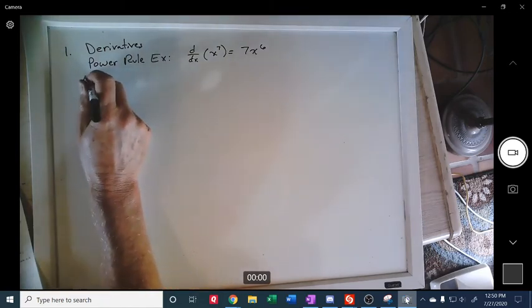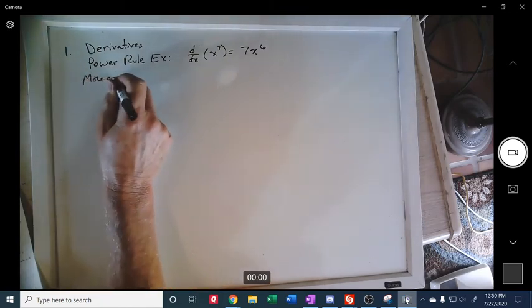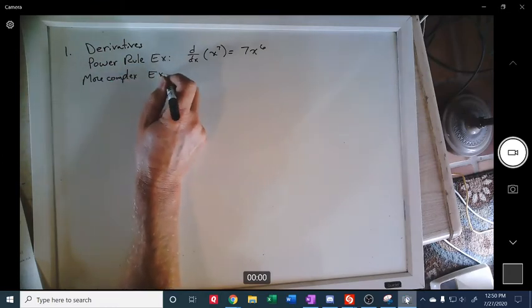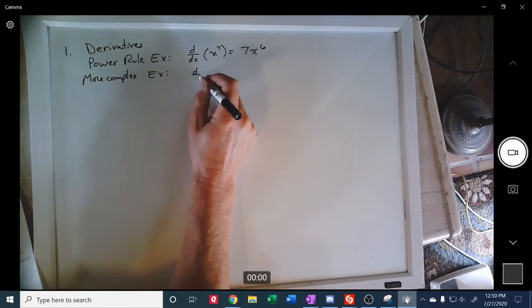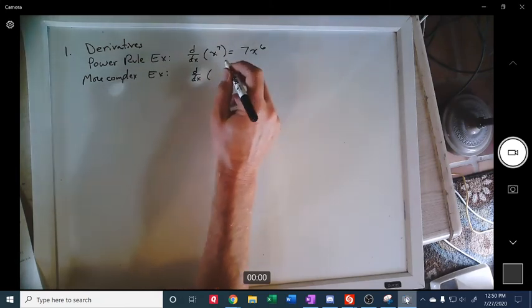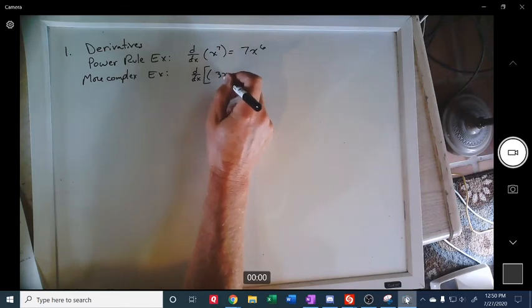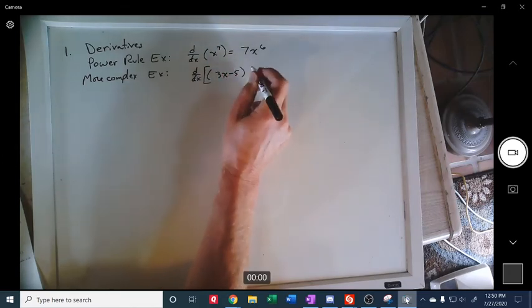More complex. Example. If I take the derivative of 3x minus 5 to the 7th.